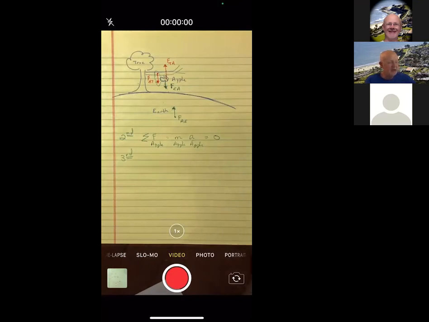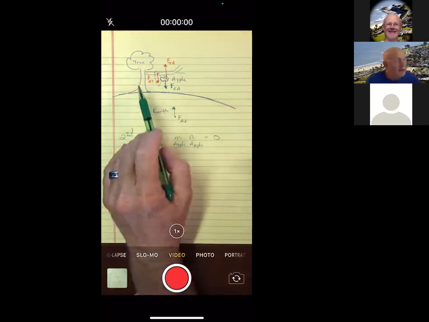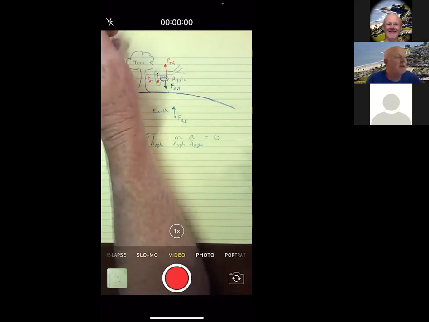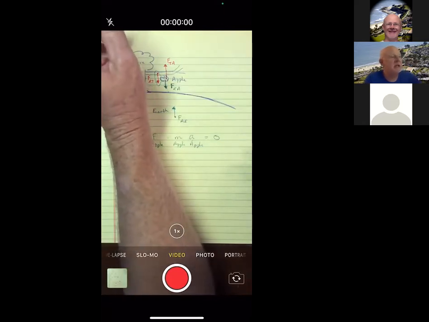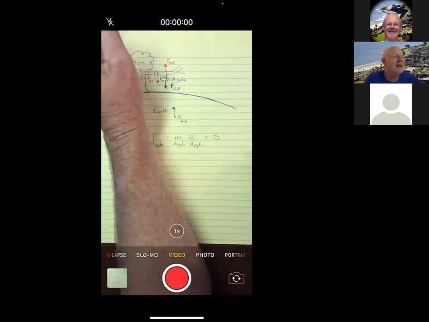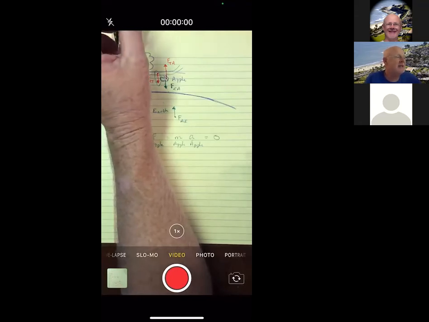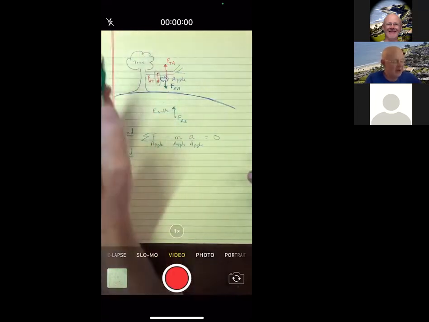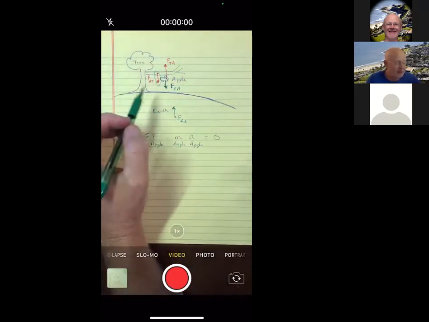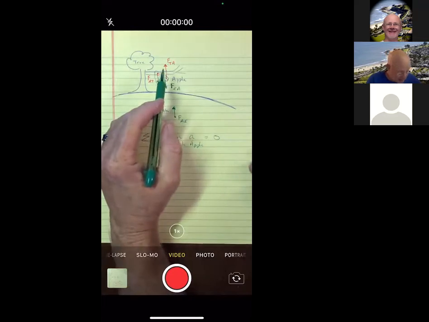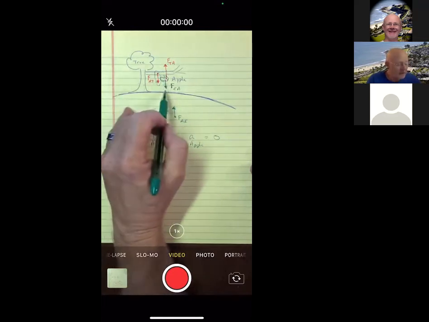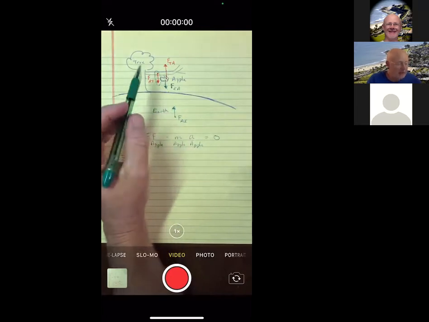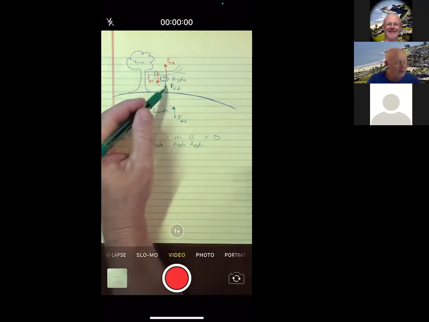So I think the author says this really well and carefully when he says in the answer, in the second sentence, note that it is not the downward force of gravity on the apple. So he's trying to make it clear that this green one is not the same as this red one. The green one comes from the earth.